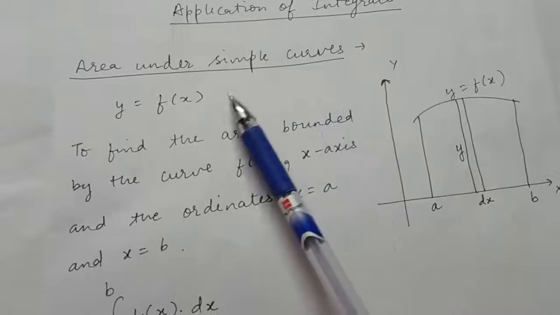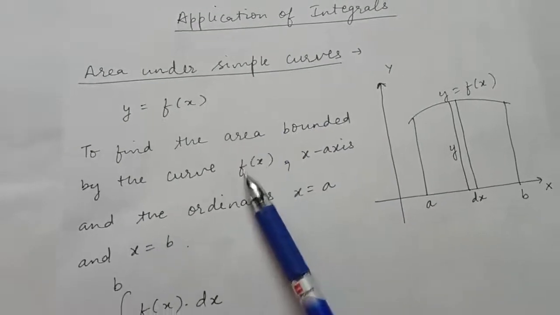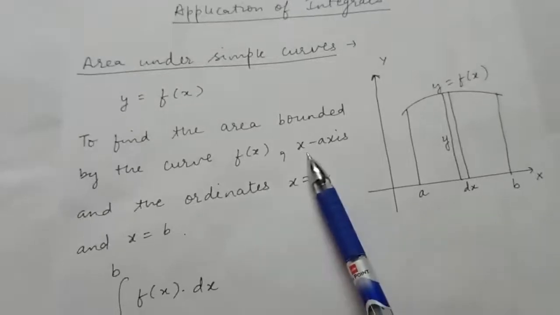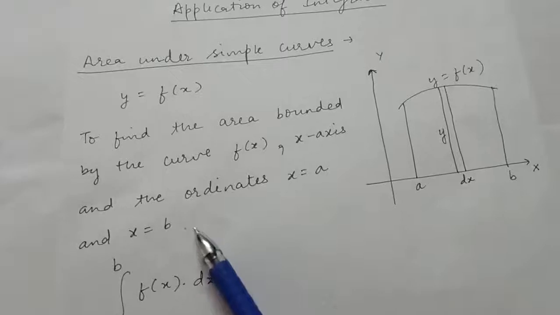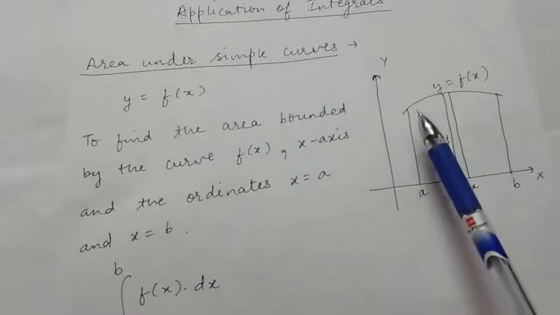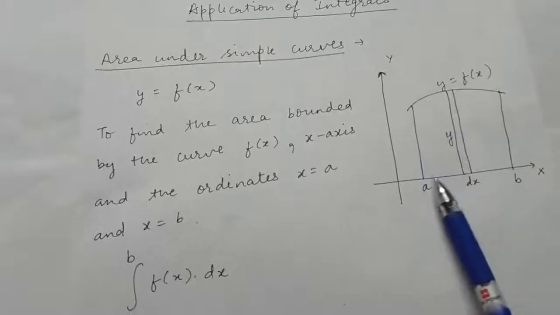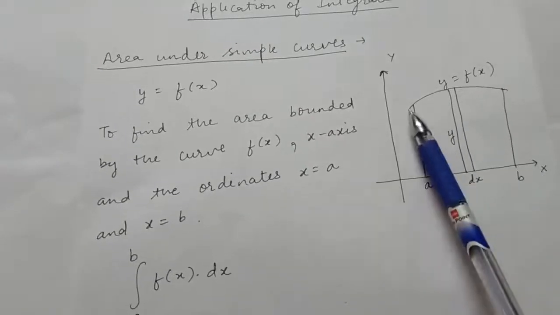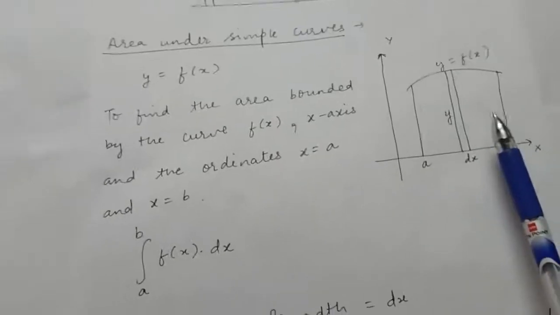So let the function be y equal to f(x). Now to find the area between the curve f(x), the x-axis and the ordinates x equal to a and x equal to b, that is, to find the area bounded by the curve f(x), the x-axis and the ordinates x equal to a and x equal to b.